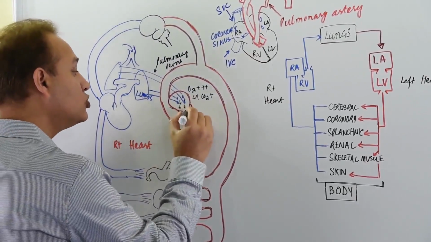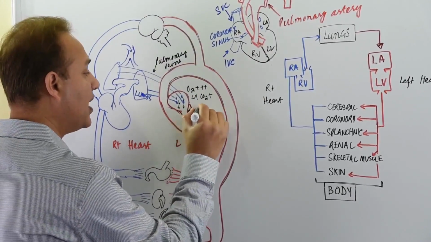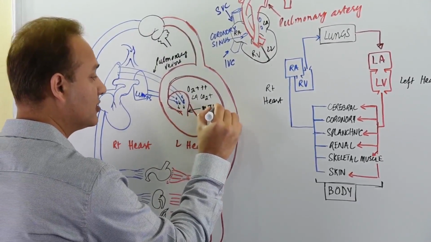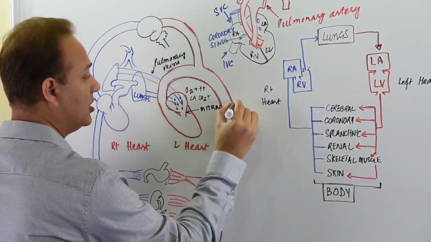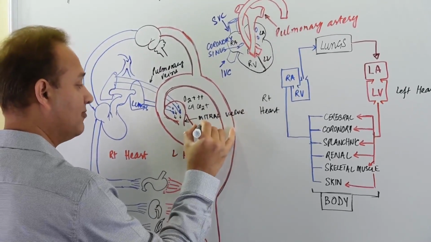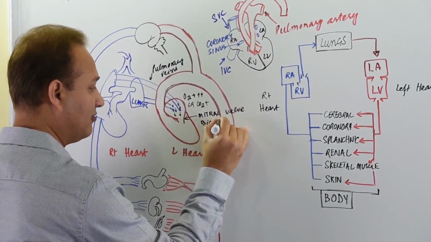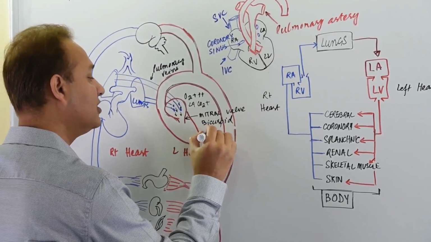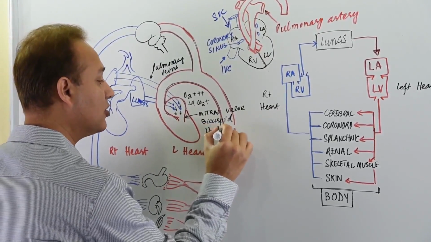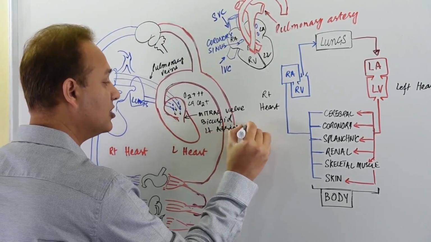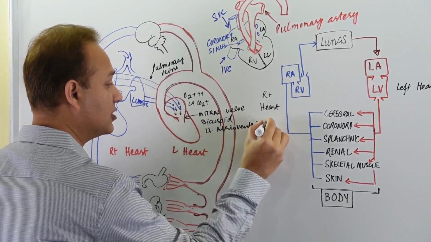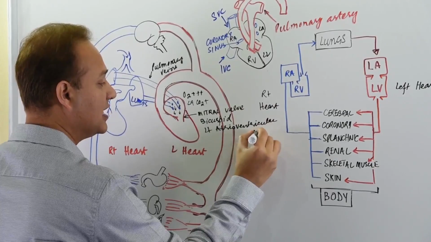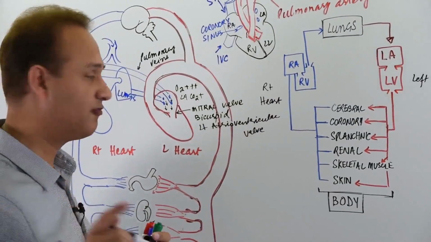This blood goes through the mitral valve. The same valve is also called the bicuspid valve, or the left atrioventricular valve. Same name, 3 names for one valve.